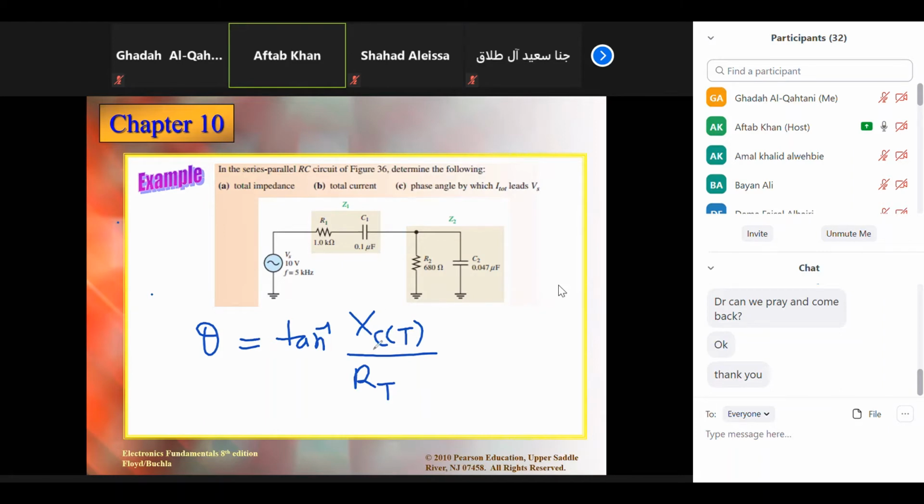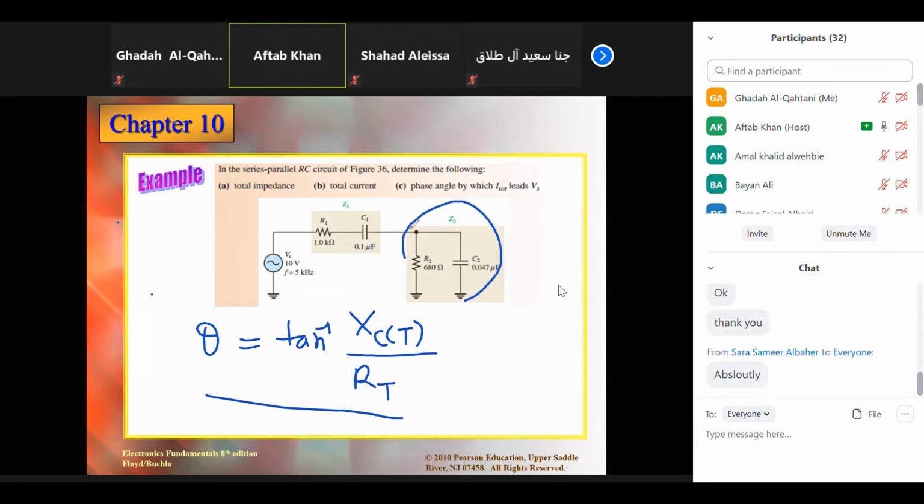Okay, so we were discussing, someone asked me why this XC over RT. This is why I'm writing it, because we have converted this one. Once we have converted that, what is your actual circuit? It becomes a series circuit, because the rest is already in series and we have converted this part. So this is the formula for the series circuit to find the phase angle.